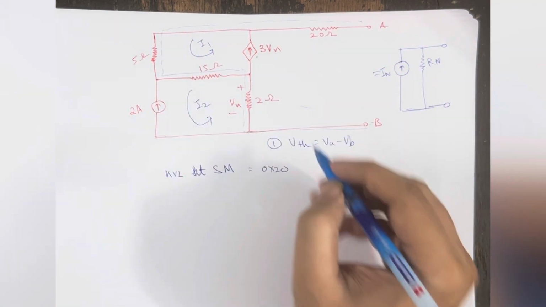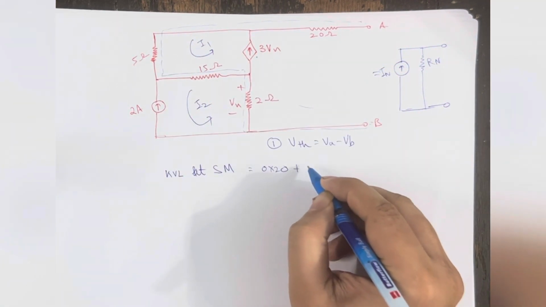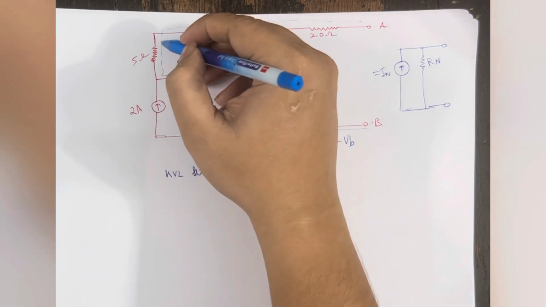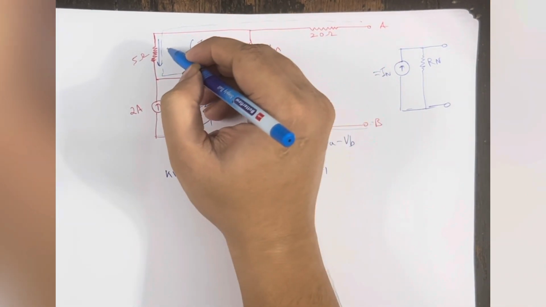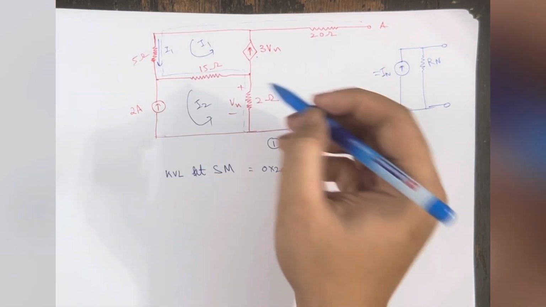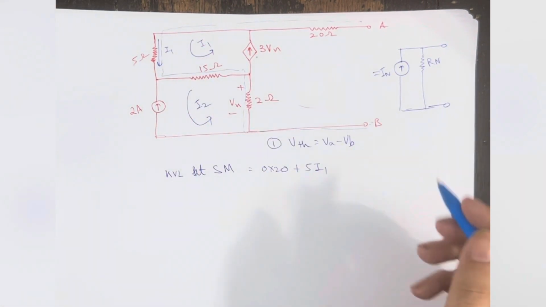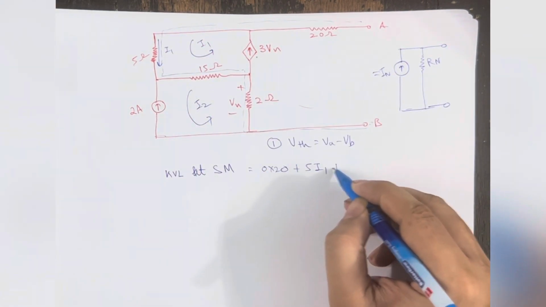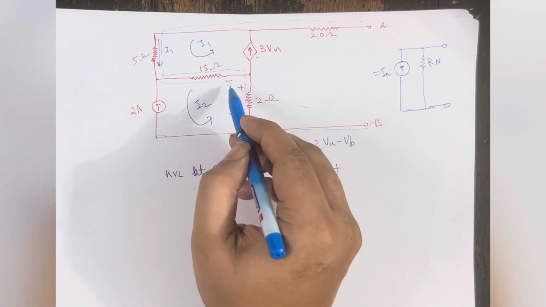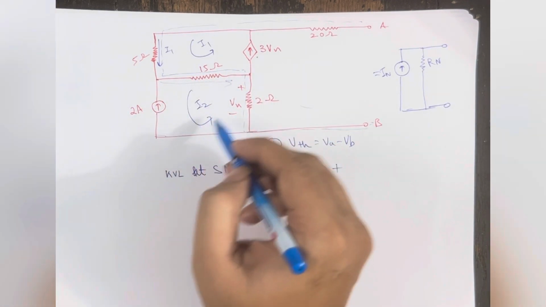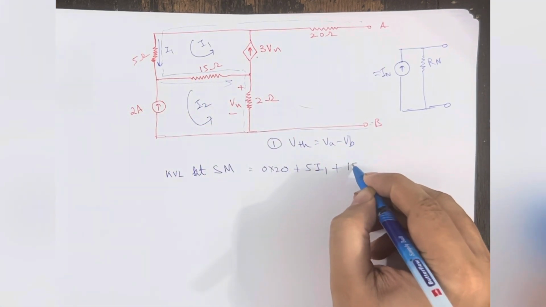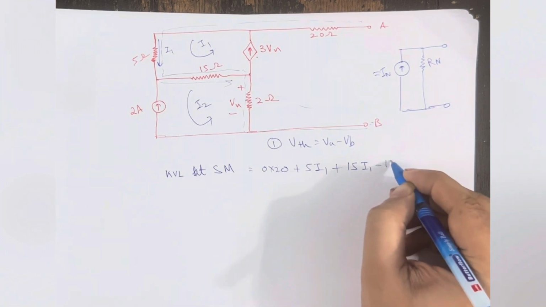Then 5I1, because I am going up to down and only I1 is flowing in my direction, so it's positive 5I1. Plus I am going from this point to this point, where the net current is I1 minus I2, so it will be 15 into (I1 minus I2).